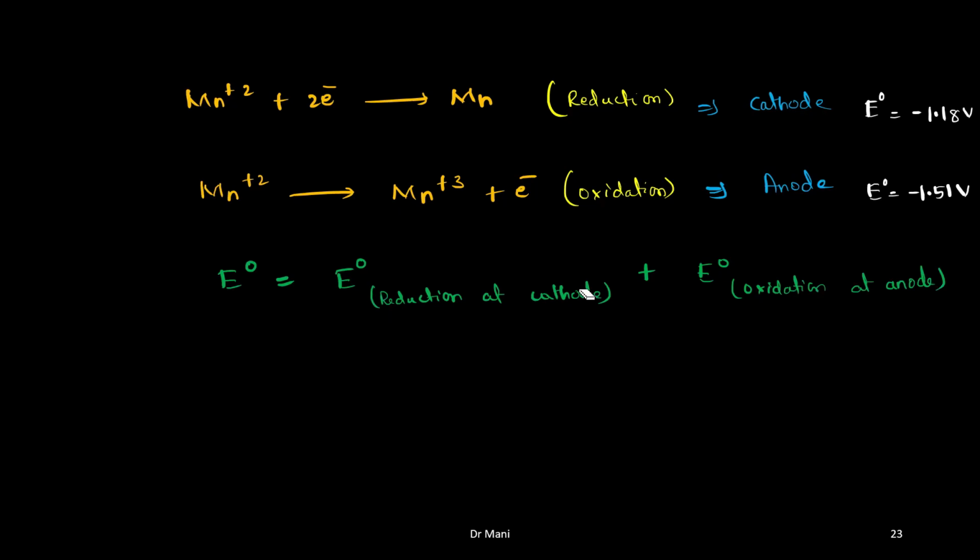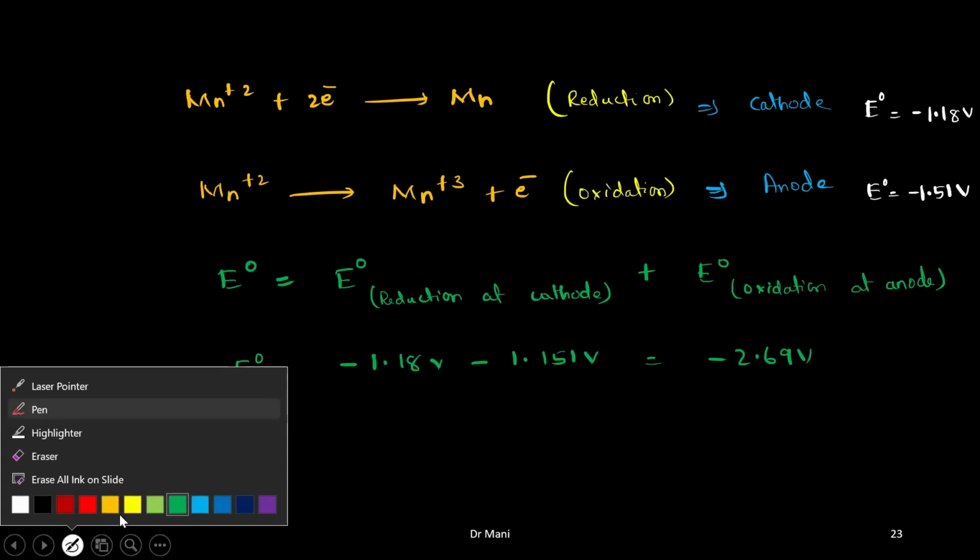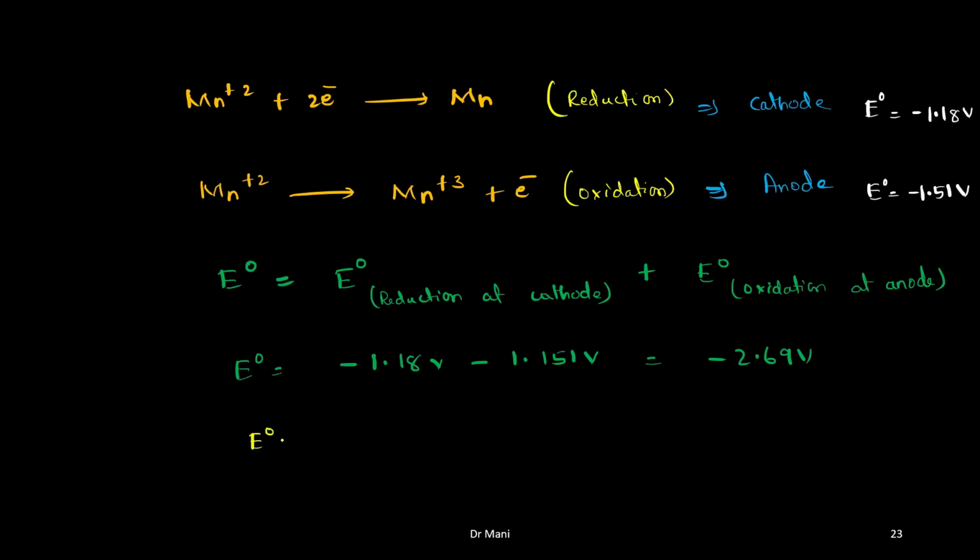Reduction at cathode, oxidation at anode, and it's plus. So E naught is equal to minus 1.18 V minus 1.51 V. If I add both, I get minus 2.69 V. So E naught is equal to minus 2.69 V.